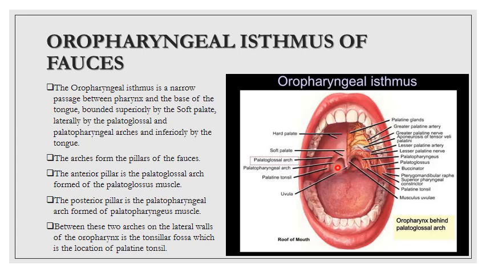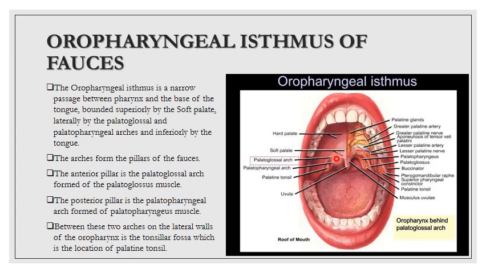Here you can see in this diagram, this narrow opening is the oropharyngeal isthmus, which is bounded superiorly by the soft palate, inferiorly by the tongue, and on each side there are two folds or arches, which are the palatoglossal arch and the palatopharyngeal arch. These arches form the pillars of the fauces.